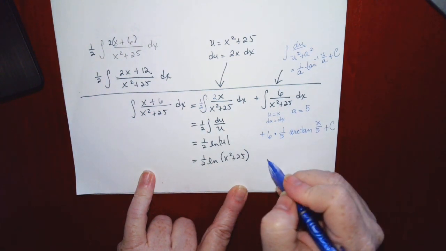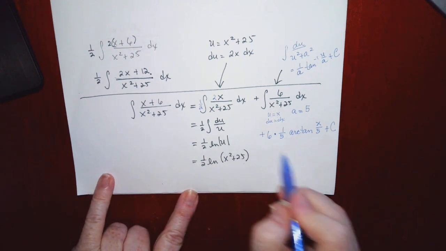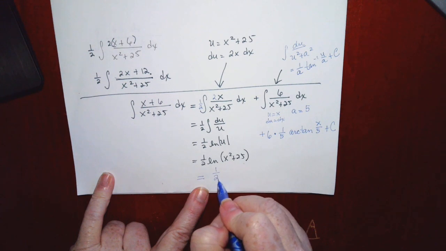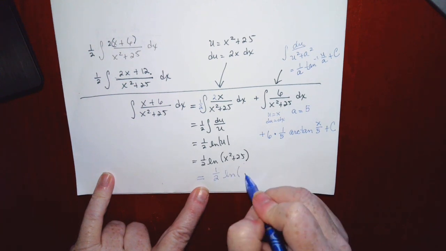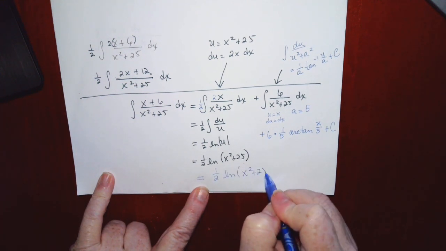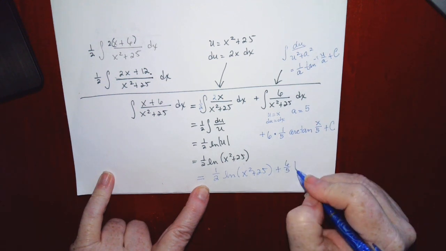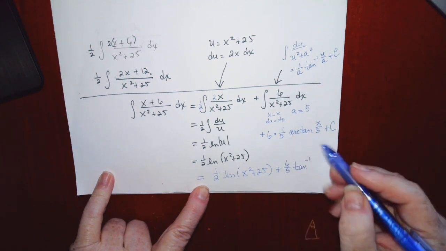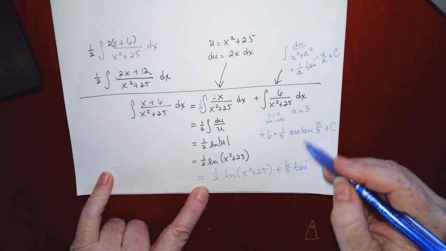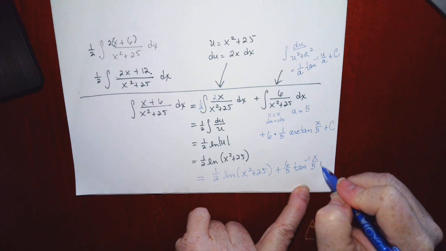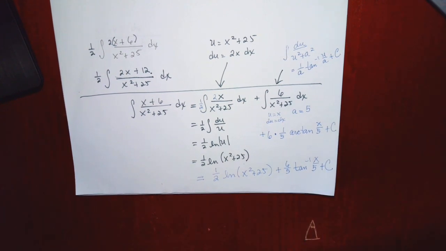Or we end up with this plus this as our overall answer: 1/2 the natural log of x squared plus 25 plus 6 over 5 the arctan or tan inverse. Remember, you can use either one of these notations. It's perfectly fine, of x over 5 plus c.